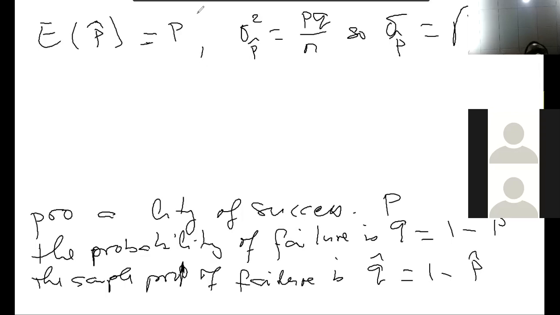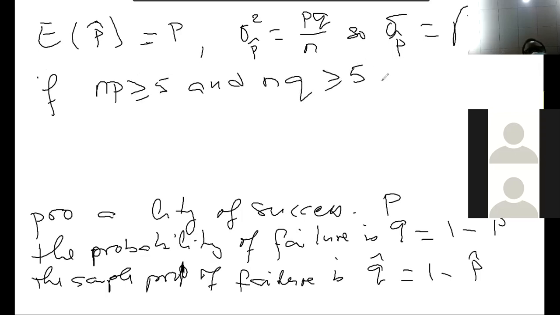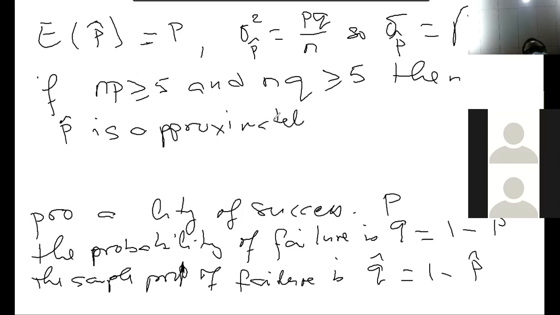For sample proportion, if n times P is greater than or equal to 5 and n times Q is greater than or equal to 5, then p hat is approximately normal with mean P and standard deviation square root of PQ over n. n is the sample size or the number of trials.